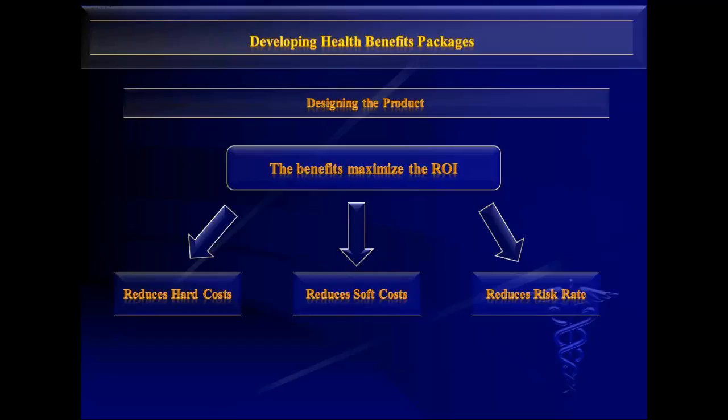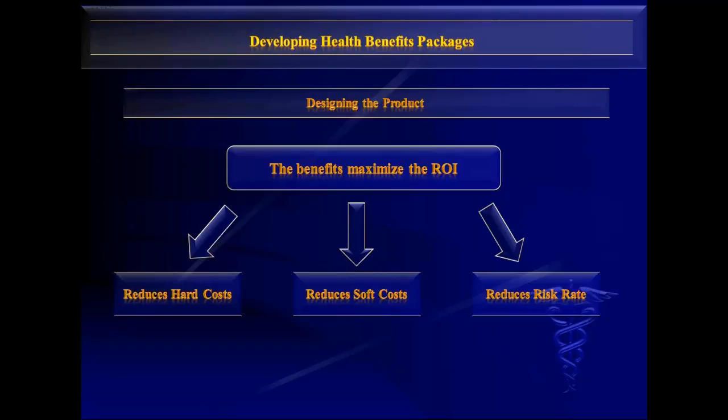If employee satisfaction will reduce the rate of productivity, we want to make sure we nip that in the bud. If an employee's lack of medical coverage will reduce the rate of productivity, we want to try to reduce that. By reducing these costs, this will be the first step that we take when trying to maximize the return on investment.